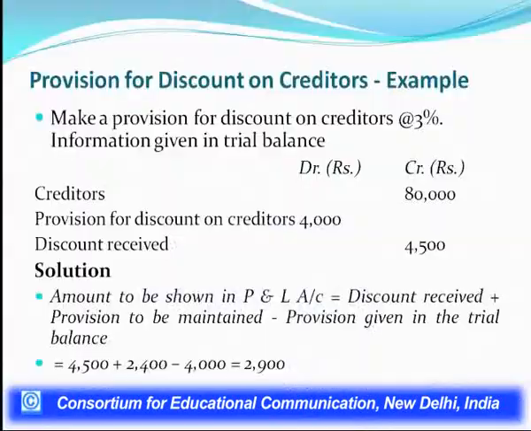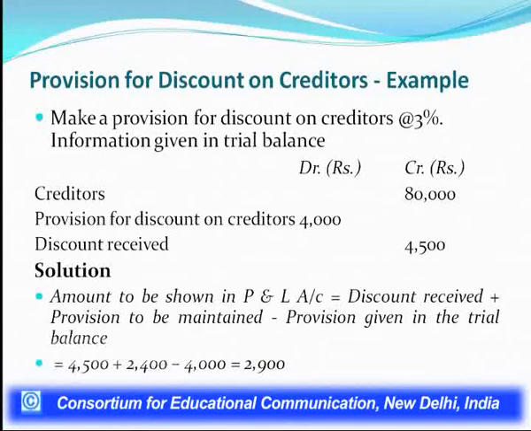We may understand this also with an example. In this example, we are given creditors 80,000 and provision for discount on creditors 4,000, and discount received during the year 4,500, and the adjustment is given: make a provision for discount on creditors at 3%. So we have to calculate the amount to be credited to profit and loss account.